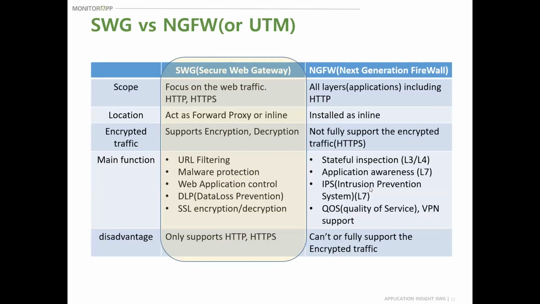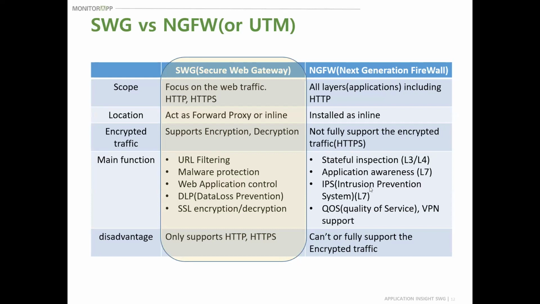Then you may have questions. What is the difference between SWG and NG-Firewall or UTM? NG firewall stands for next generation firewall. Each has advantages and disadvantages. The biggest issue is that the NG firewall cannot decrypt the encrypted traffic fully or even support the decryption.